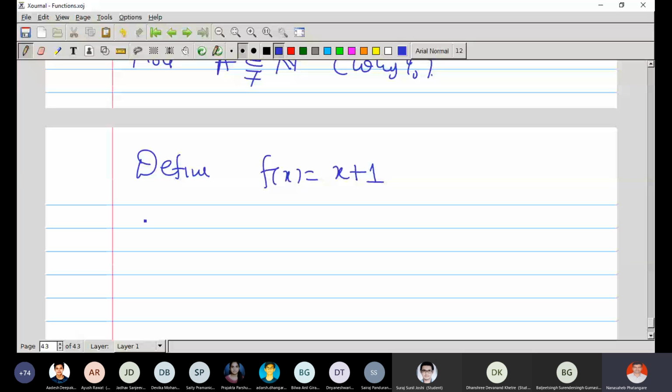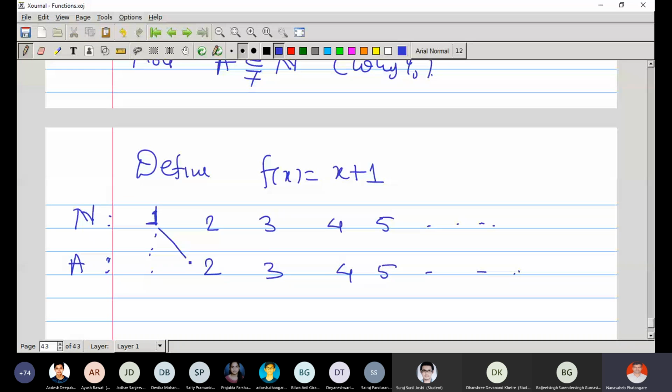So ultimately what I am doing, I have the set of natural numbers and I have the set A: 2, 3, 4, 5 and so on. This is my set A. I see that 1 is to be mapped but no element is available, so I will just shift it here, and here, and continue this process.